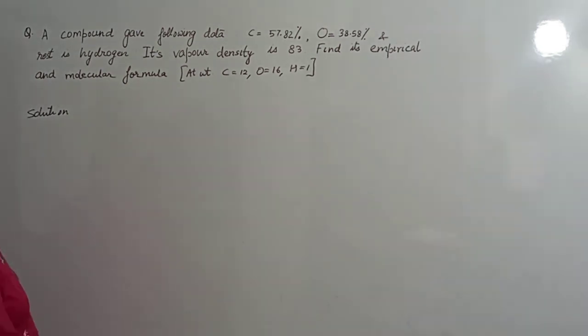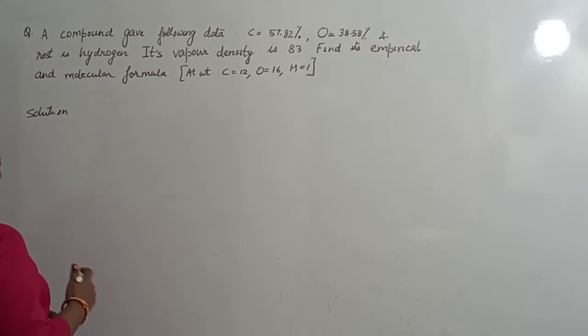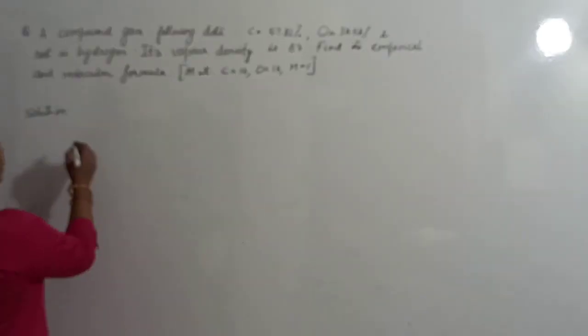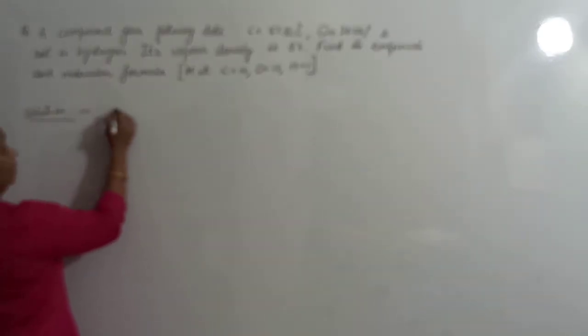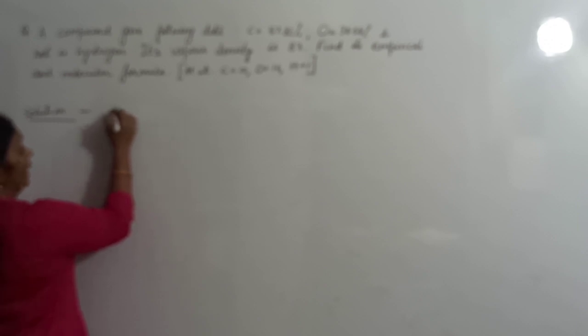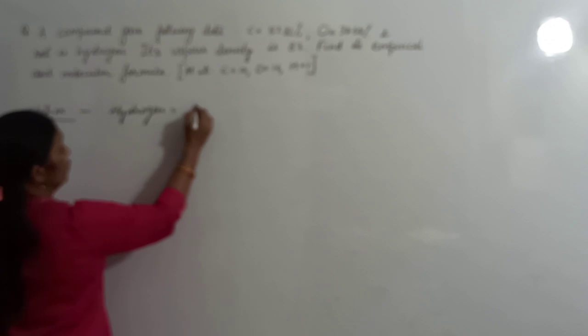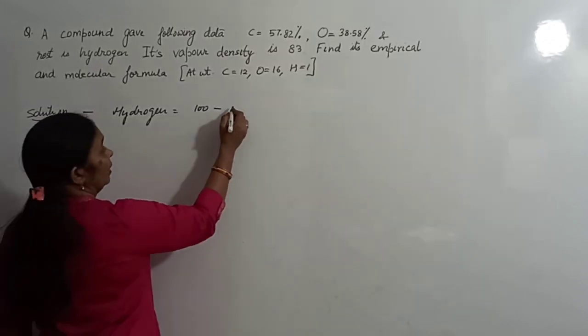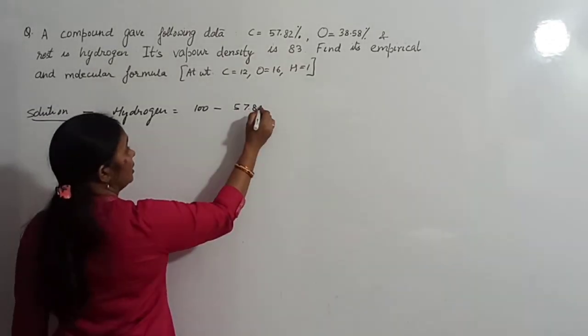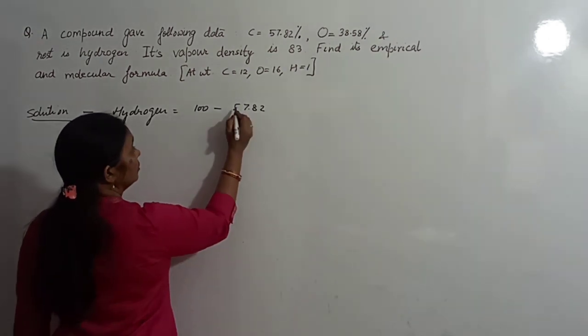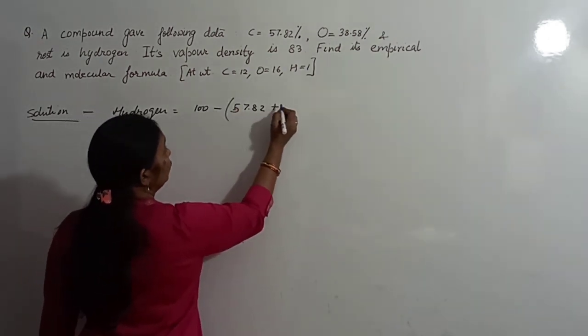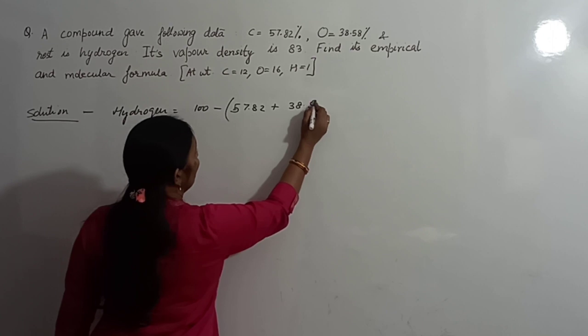First, we are going to find out what is this rest of hydrogen. So let us calculate the percentage of hydrogen. Hydrogen is equal to 100 minus (57.82 plus 38.58).